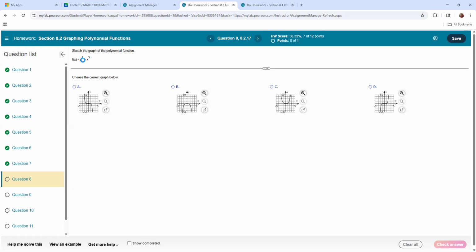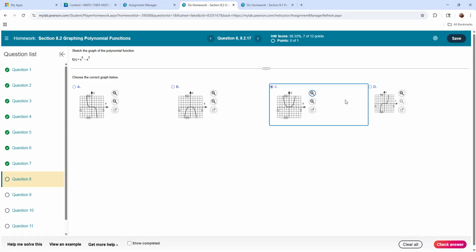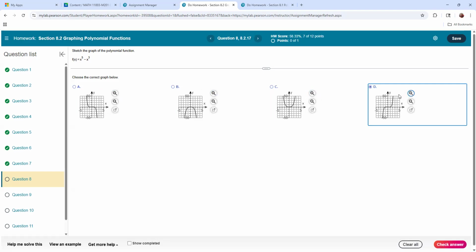All right, x to the fifth minus x cubed. You got an odd degree of 5, and it's a positive 1 in front of those. So A, B, C, or D. And y'all remember, that's an odd degree 5, so it's either got to be A or D. The question is, is it going uphill or is it going downhill?